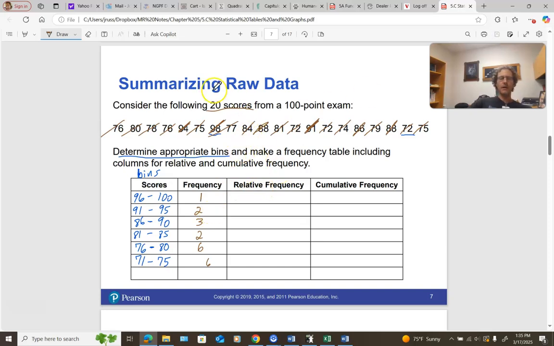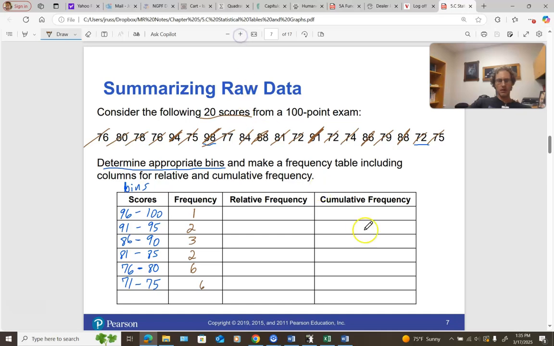All right, now how do we find these relative frequencies? Okay, these first 2 columns that we have right here, this is our frequency distribution, or our frequency table. This tells me that 1 person made a high A, 2 people made a low to mid A, 3 people made a high B, 2 people made a low to mid B. Or well, I guess that's technically not true because we also have 80 down here.